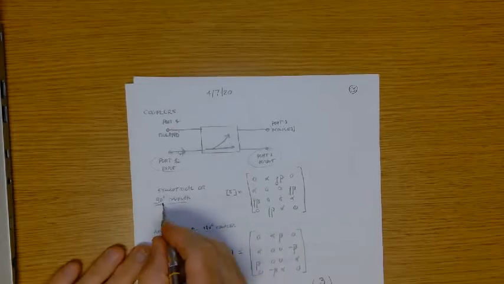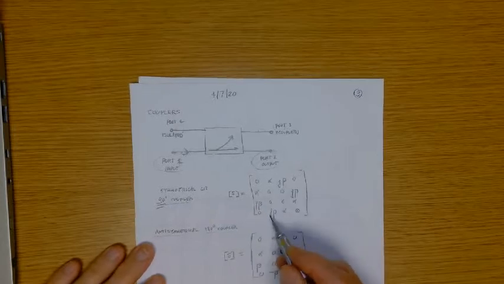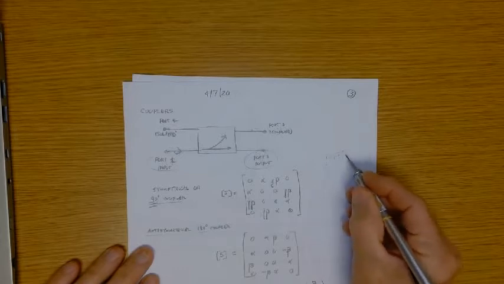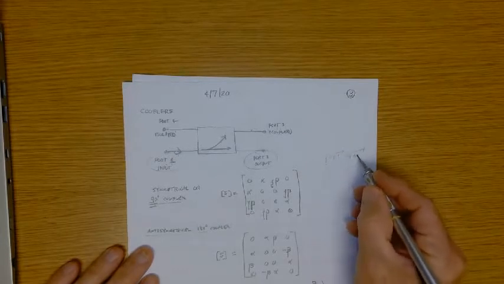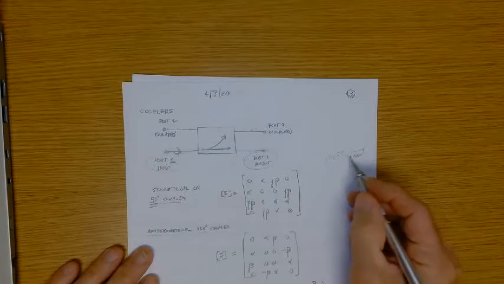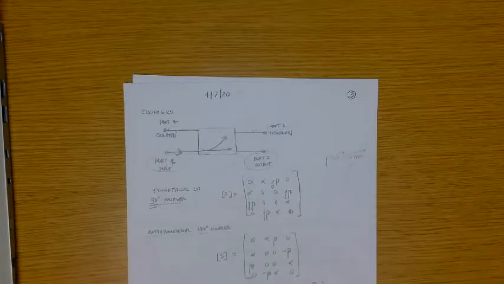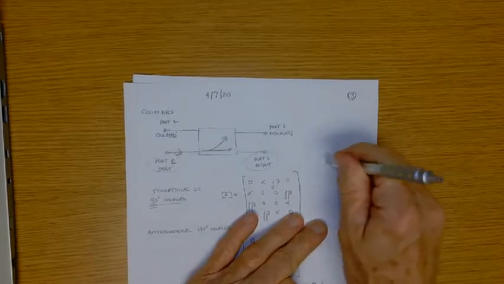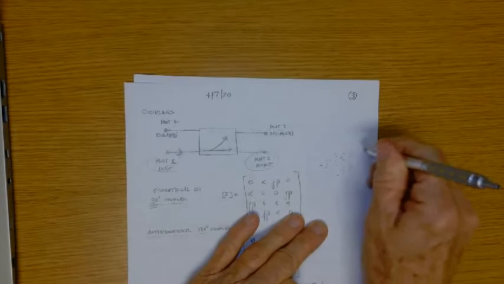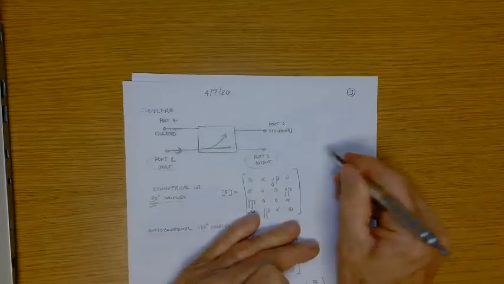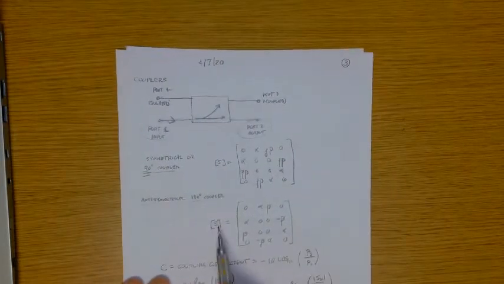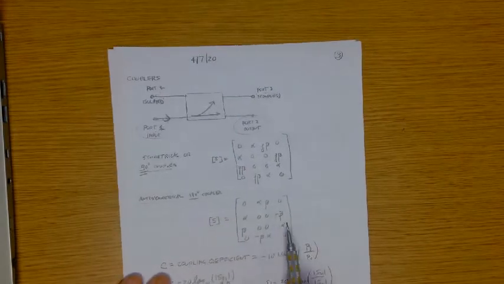The 90-degree coupler has j's in there, as you might expect, because j is the square root of -1, so j is a 90-degree phase shift. With the anti-symmetrical coupler, you're going to have a 180-degree phase shift, just minuses.